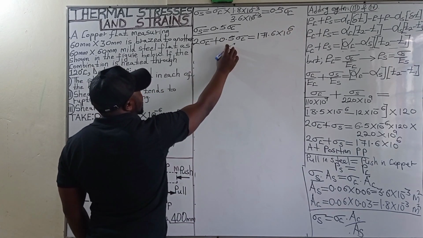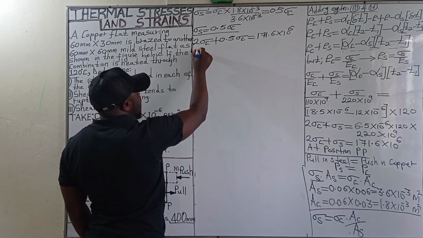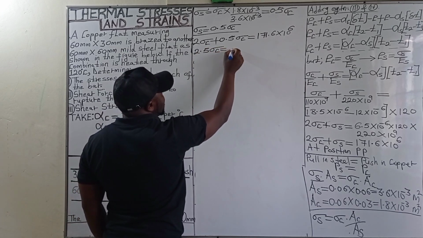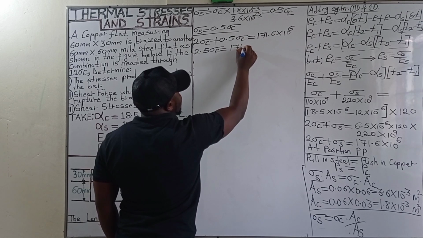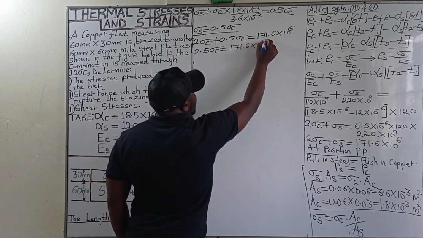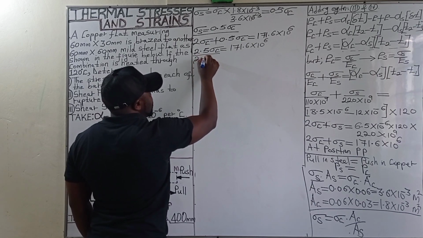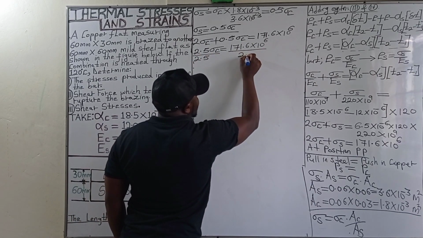So when we add 2 plus 0.5, that is 2.5 times stress in copper is equal to 171.6 times 10 raised to the power of 6. Divide both sides by 2.5.